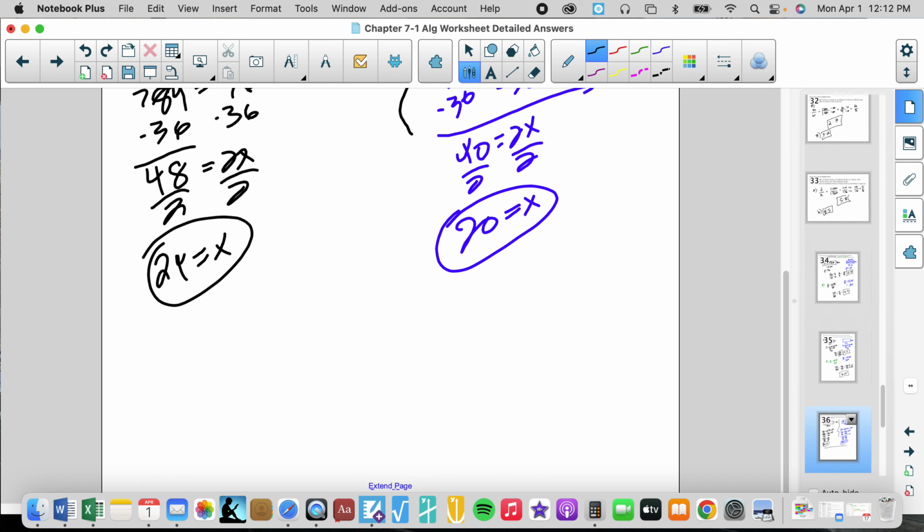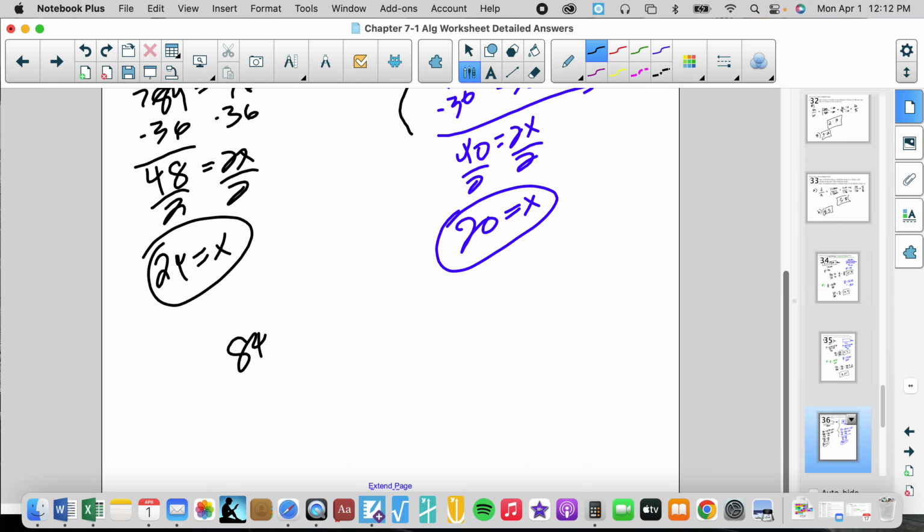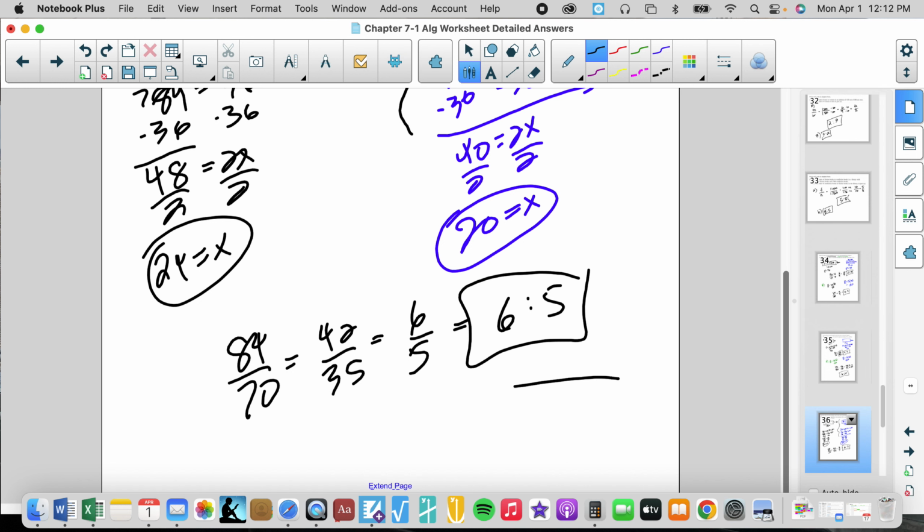Perimeter is what I say, 84 over 70, which is 42 over 35, which is divisible by 7, which is 6/5. So 6 to 5 ratio for perimeters.